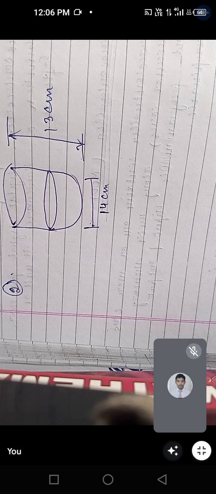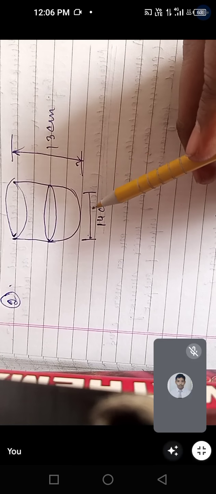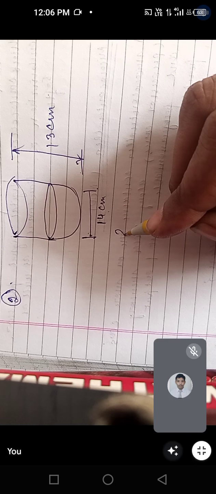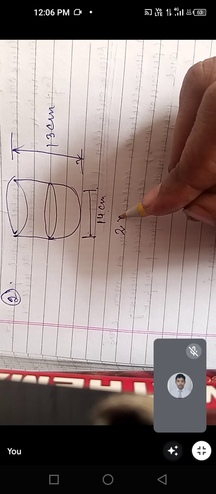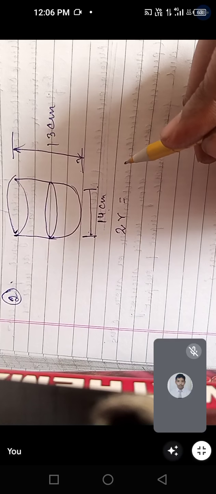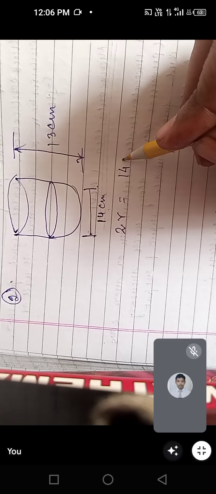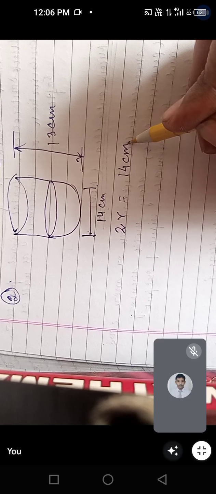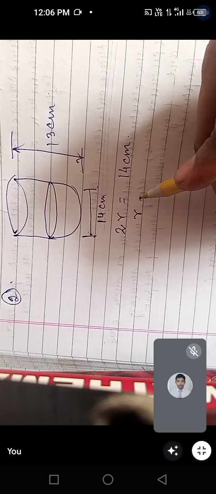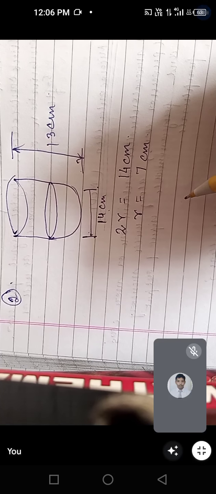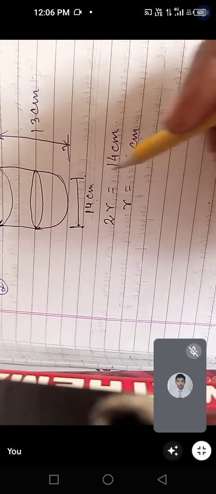Now you see, the whole diameter is 14. This means if the radius of the hemispherical part is r, then 2r is equal to 14 centimeters. So the radius will be 7 centimeters.